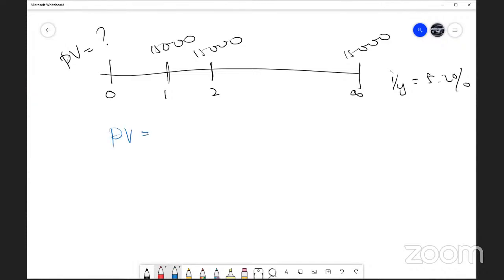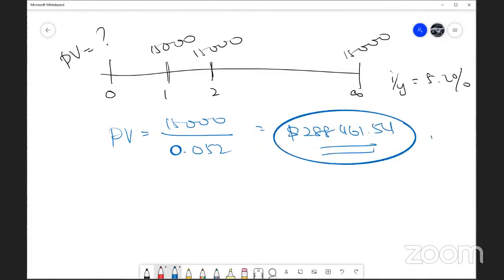So PV equals to C, 15,000, divided by R, 0.052. So you get the total of $288,461.54. This is the amount you will pay if you want to receive 15,000 per year forever and also for your upcoming generation.